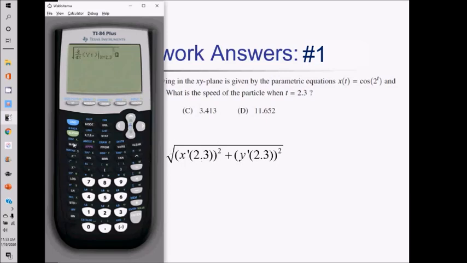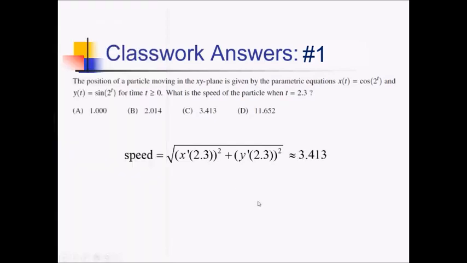Then the same thing for the next one: math 8, derivative dx, alpha trace y2, and 2.3 again. Square that. Press enter and hope for the best. About 3.413, which gives us choice C.